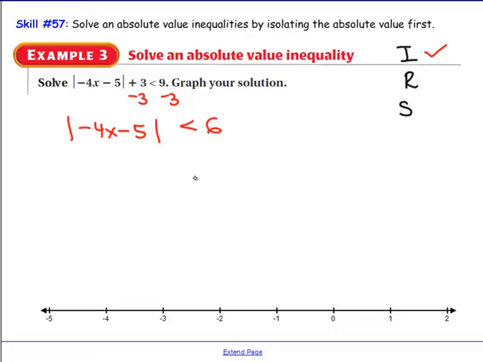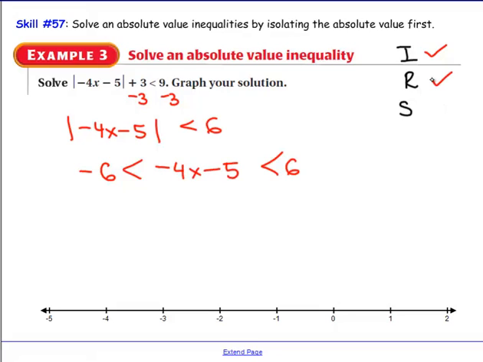So I isolated it. Then we are going to rewrite. The distance away from 0 has to be less than 6. So this is an AND problem, and my expression is in between a negative 6 and a positive 6. My inequality is going to be opening up towards the right, and this negative 4x minus 5 just goes in the middle of your inequality.